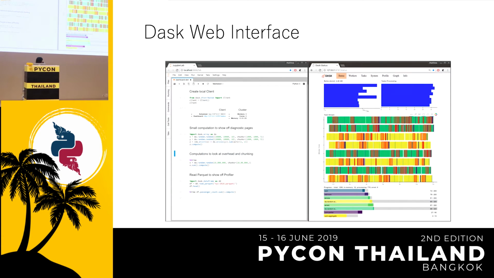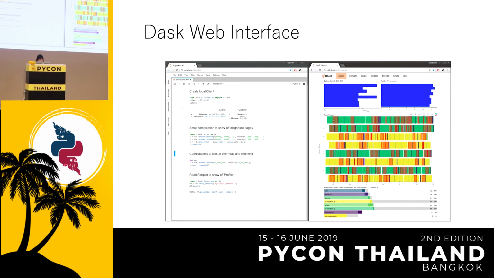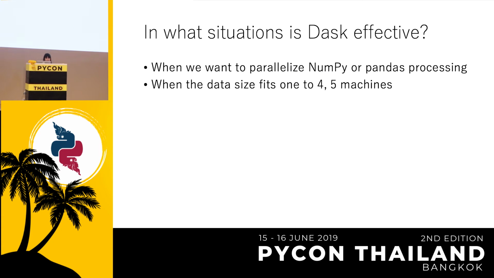This is Dask's web interface, a very beautiful interface. Celery and PySpark have web interfaces too, but I think Dask's and PySpark's UIs are better than Celery's. In what situation is Dask effective? Dask is effective when we want to parallelize NumPy or pandas processing.